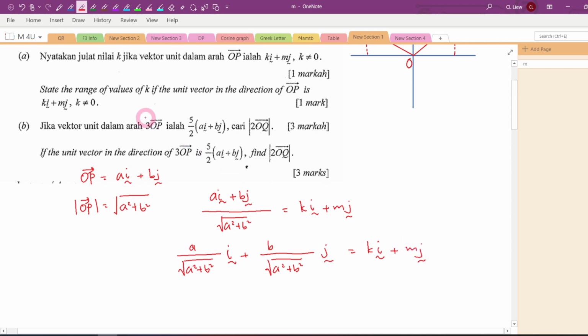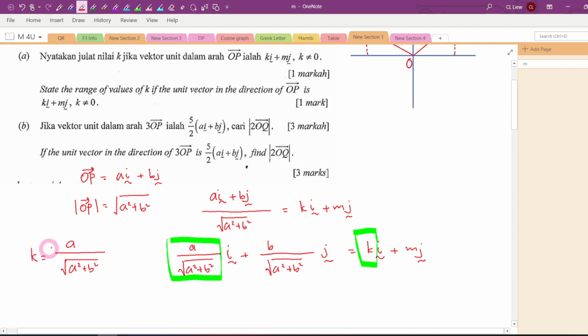The question is asking about the range of k, so we only focus on this part: k is equal to a over the square root of a squared plus b squared. Can k be negative?